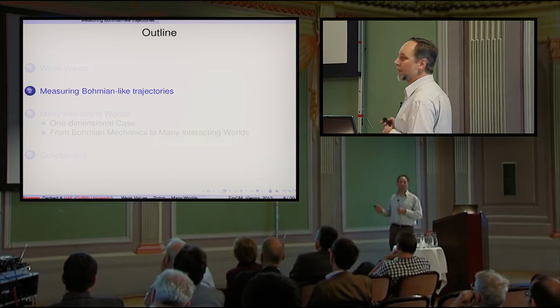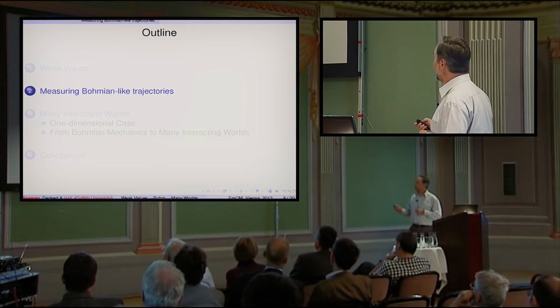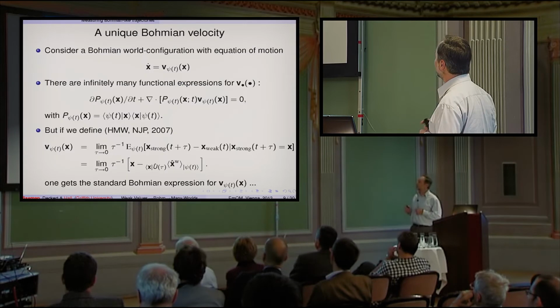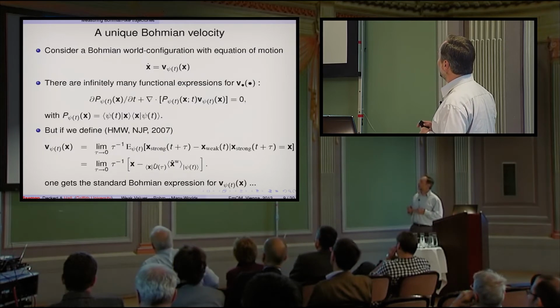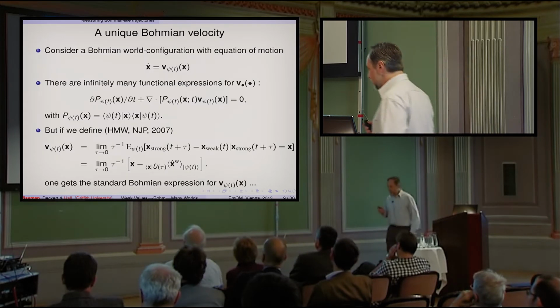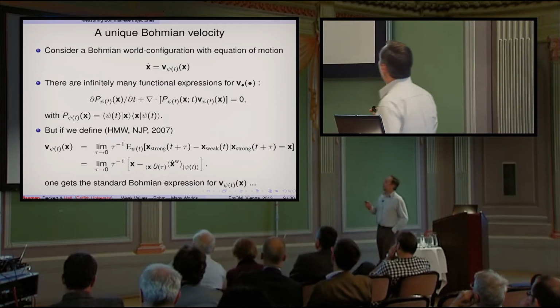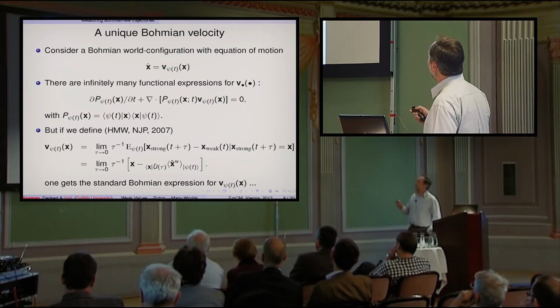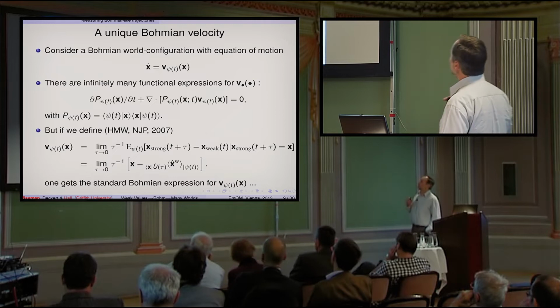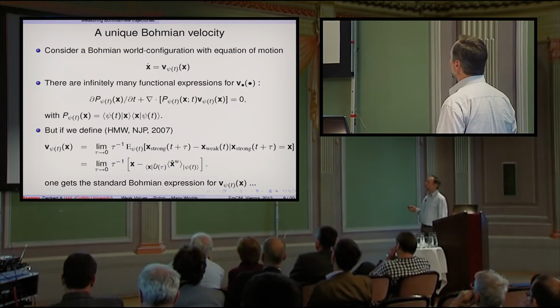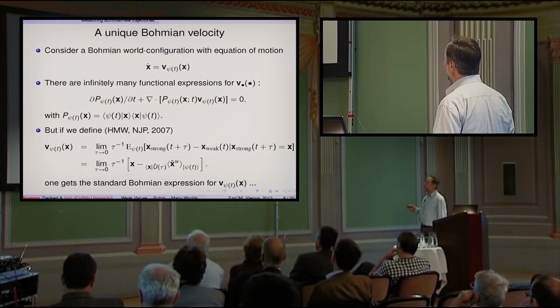But what I'm going to talk about is the application to measuring Bohmian-like trajectories. Okay, so Bohmian mechanics has also been introduced today, or maybe even yesterday. The way I'm going to describe it is that what we have is, I'm going to call it a world configuration.